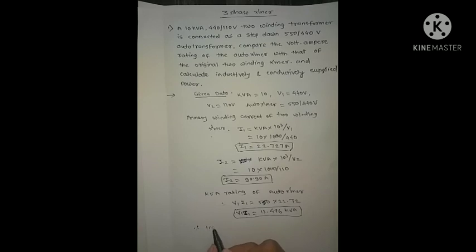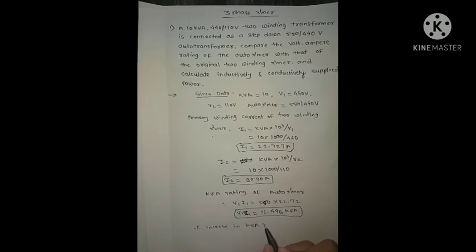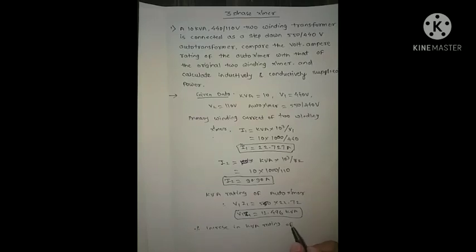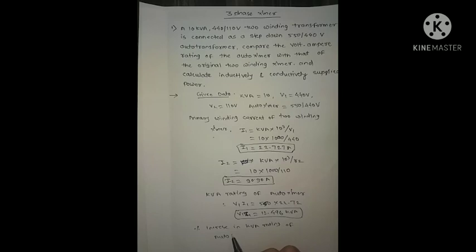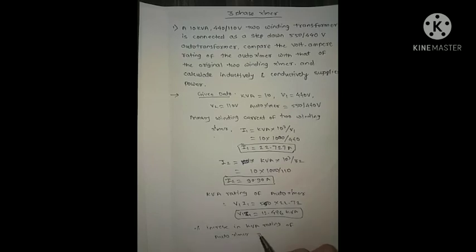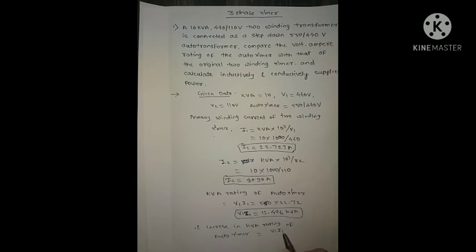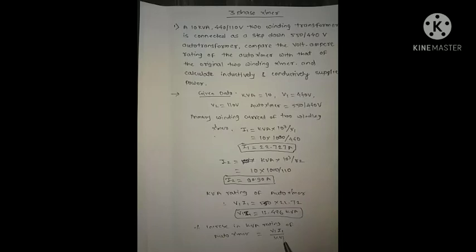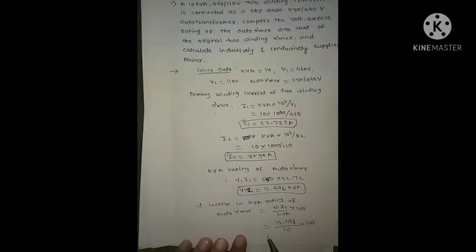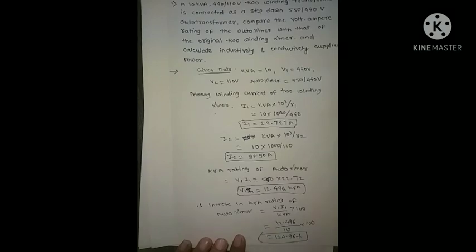Therefore percentage increase in kVA rating of auto transformer equals to V1 I1 upon kVA into 100, and we will get 12.496 upon 10 into 100, and the final answer is 124.96%. Okay, this is our percentage increase in kVA.